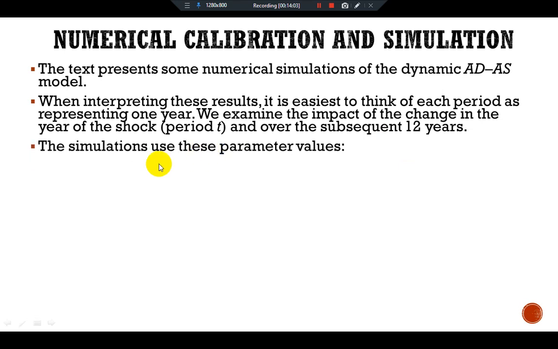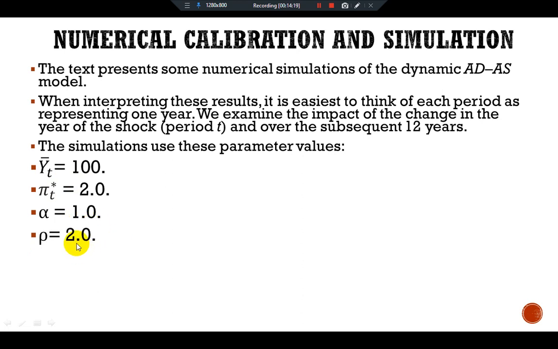These simulations use these parameter values: Y t bar is equal to 100, pi t star is 2, alpha is equal to 1, rho is equal to 2, phi is equal to 0.25, theta pi is equal to 0.5, and theta y is equal to 0.5.